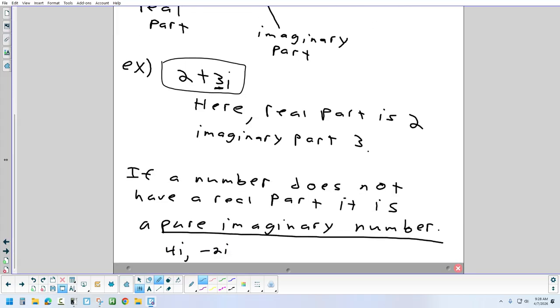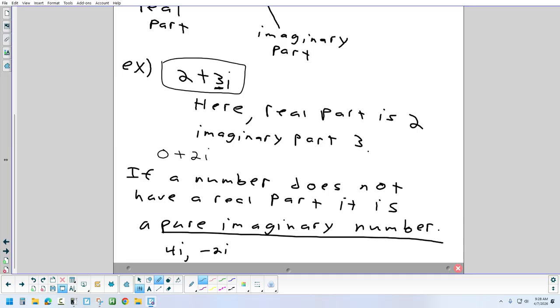Now, sometimes an imaginary number doesn't have a real part. Okay, the real part could be 0. So if a number doesn't have a real part, think of it like this. 0 plus 2i. If the real part is 0, we generally don't write it. We would just write 2i.